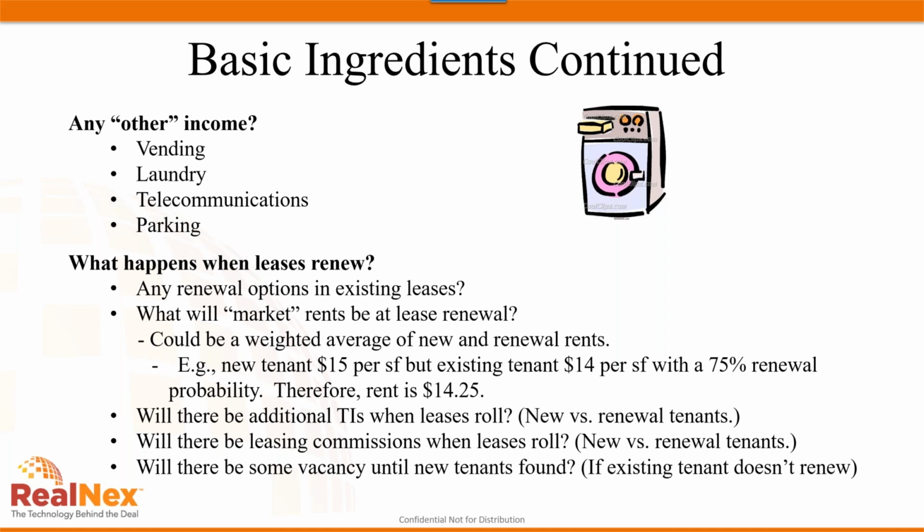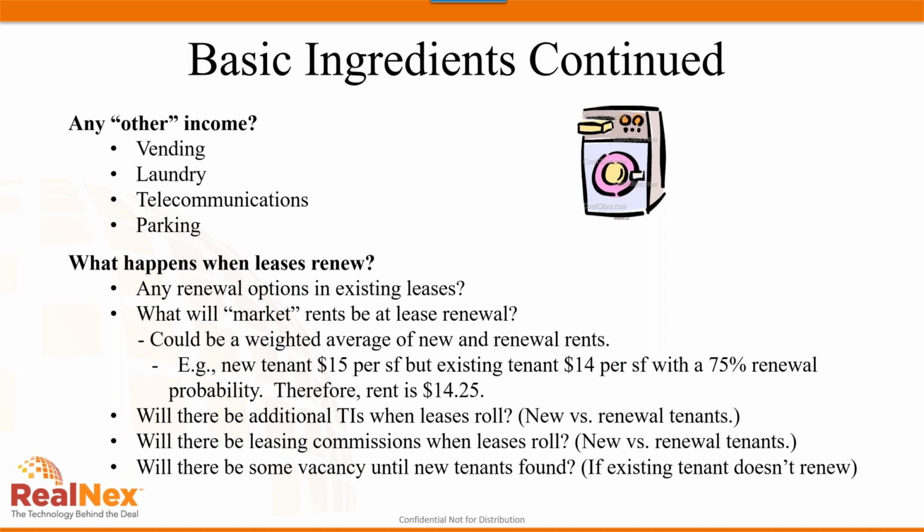And then you have to put in a renewal probability. So you'd say there's a 75% chance that the lease is going to be renewed. If it's an existing tenant that renews, they're going to be $14.